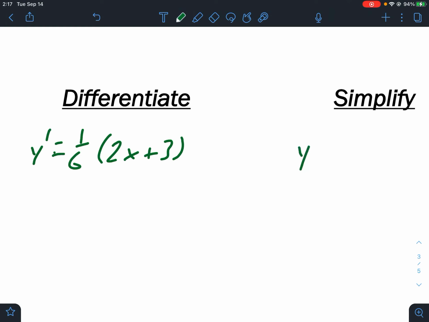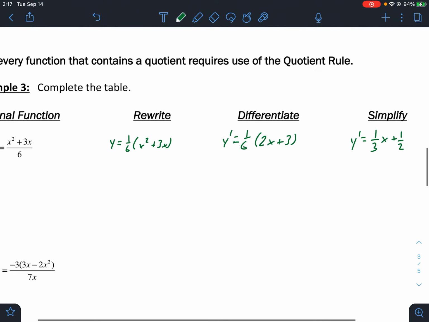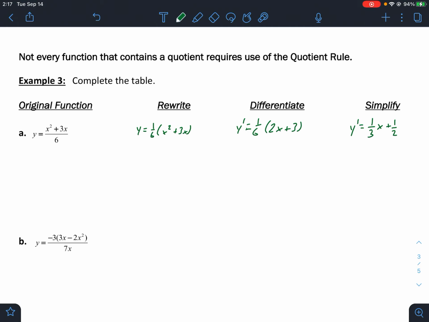And if we distribute that, we would get 2/6 or 1/3 x plus 3/6 or 1/2. So our derivative would be 1/3 x plus 1/2. If you did do the quotient rule with that, you should get the same answer after you simplify it. But why do all that work when we can simply just rewrite it and differentiate?